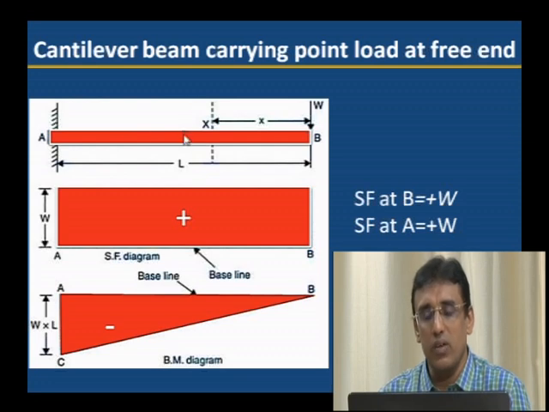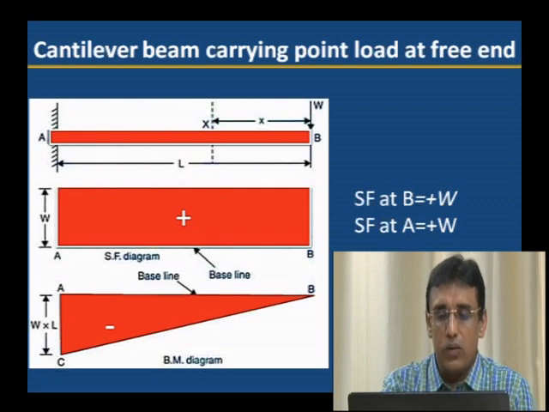If any further load is added, it is added to this W. Now no further load is added, therefore the shear force at A is also W. To draw the shear force diagram, first draw a horizontal line, and then draw the value W at A as well as at B. If you join them, we get a rectangular shear force diagram, which is positive, because both values W are plus.